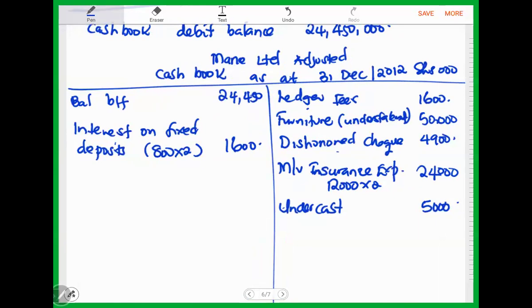We add what is on the credit and what is on the debit. What is on the credit seems to be a little much more.